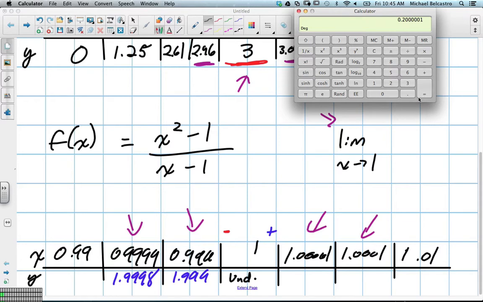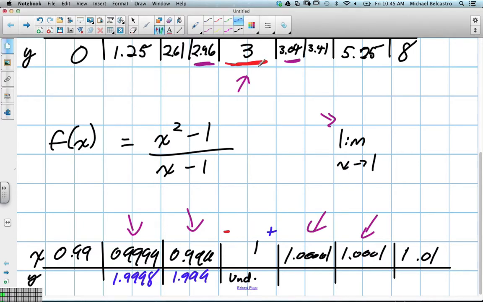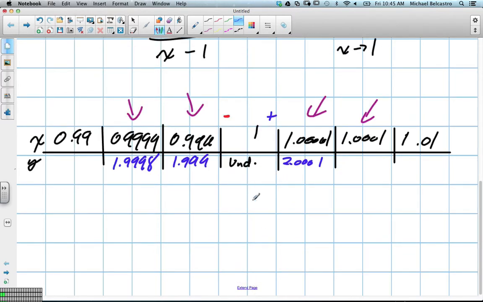I don't think that quite worked out on my calculator, but we will be getting a value like this. We'll be getting values approaching the number 2, but at 1 there is no value for our y. So we are approaching 2 in this question.